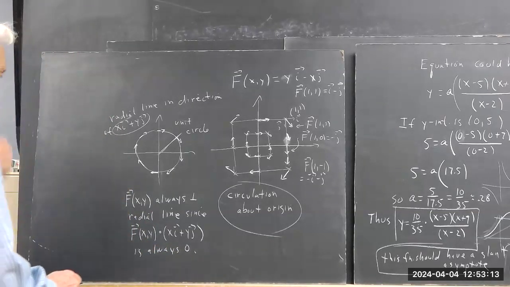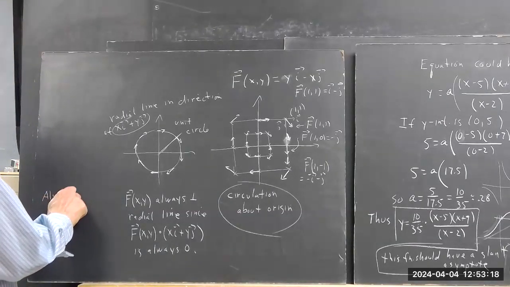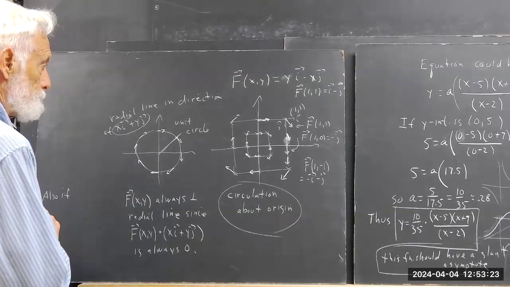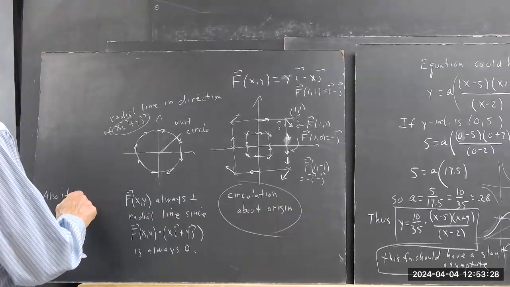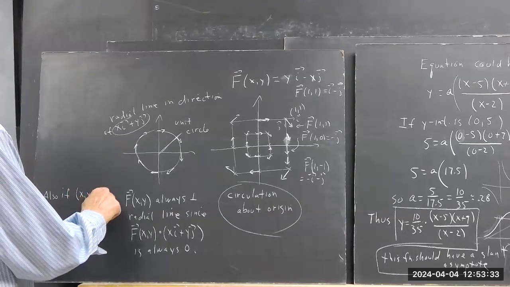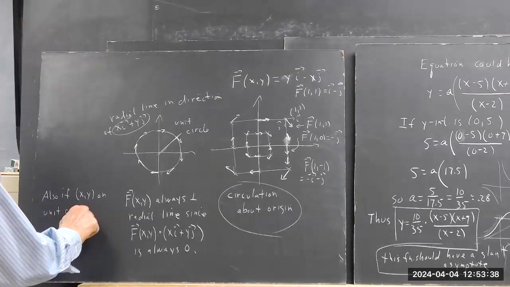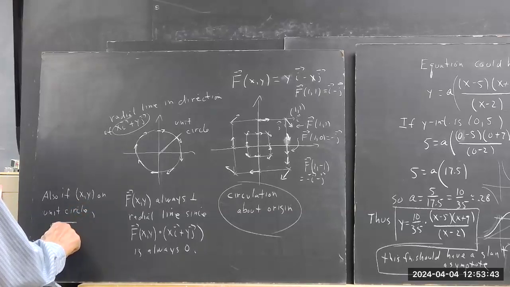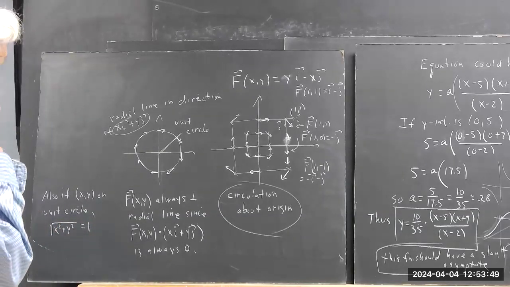Also, if x, y is on the unit circle, we know that the square root of x squared plus y squared equals 1.